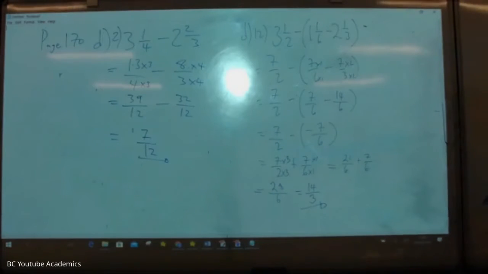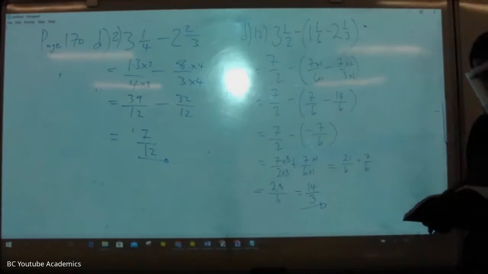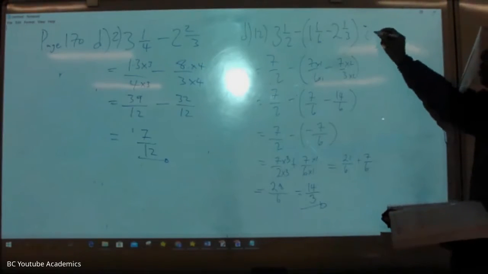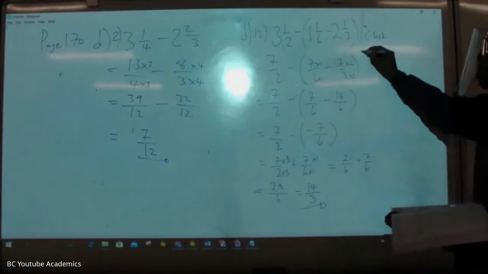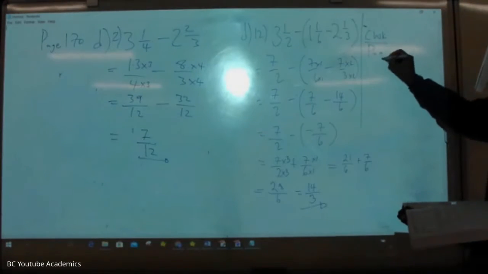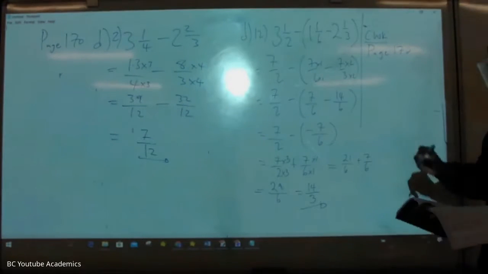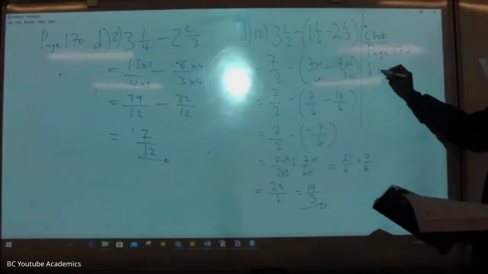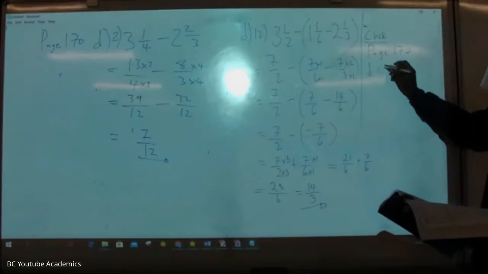Okay, so I need you to do the following on your own. That's classwork. Page 170, and you're doing D1, starting off with the easy one.